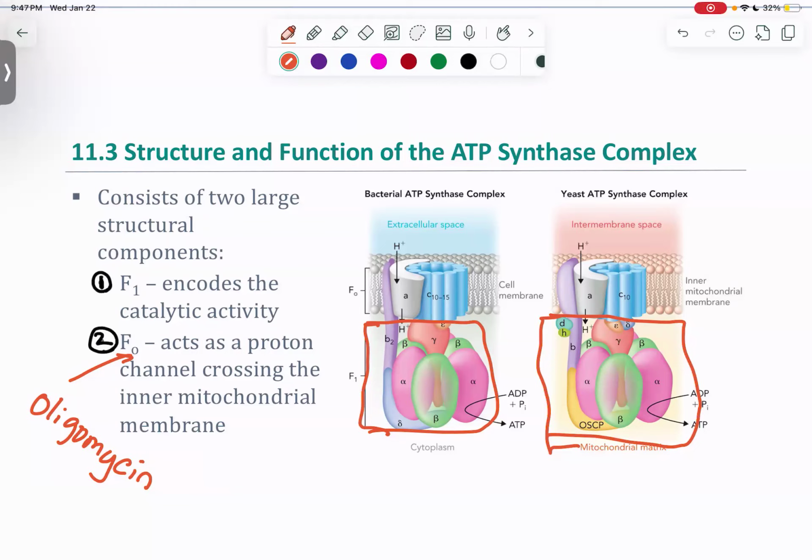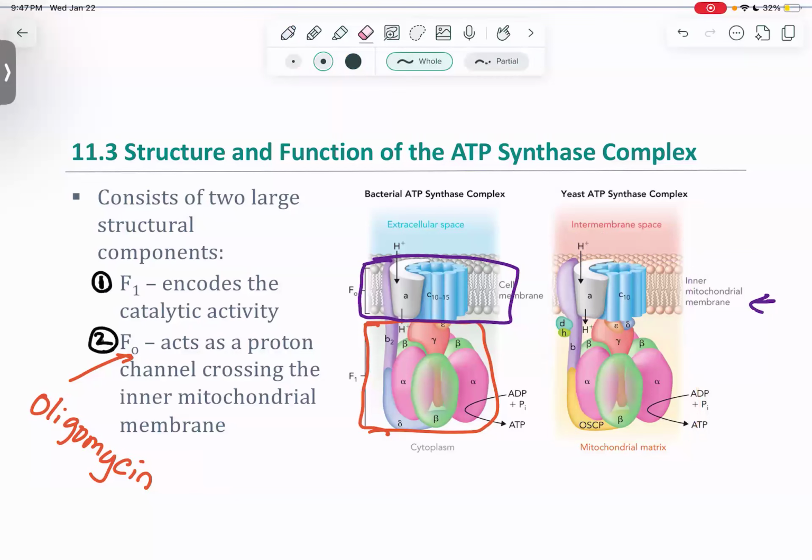So anyway, our F naught complex is what's embedded inside of the membrane. Up here is our intermembrane space, and what's embedded in the inner mitochondrial membrane is that F naught complex. And so what has to happen? Well, we know that we have protons here in the intermembrane space, and we know those protons built up because our electron transport chain pumped them into that space.